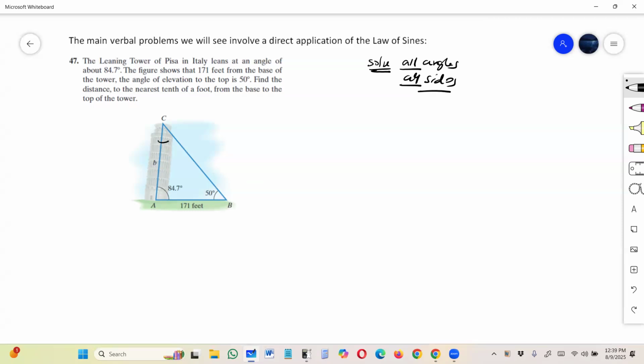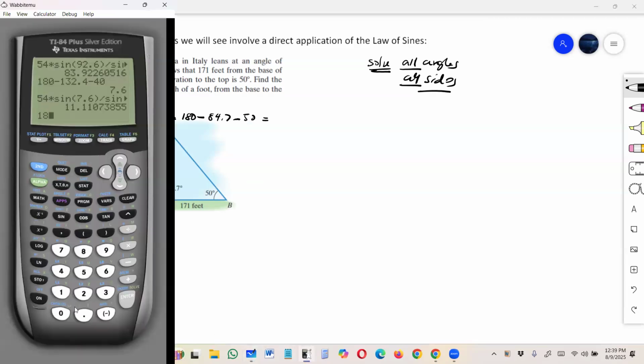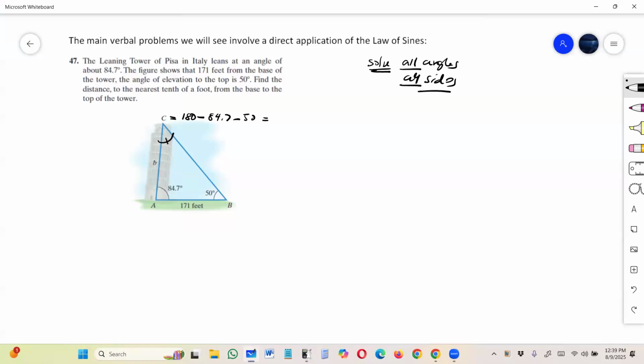I don't have this angle, so I have to find it first. This angle is 180 minus 84.7 minus 50. I'll go to the calculator, and we get 45.3. Now I have a complete ratio.